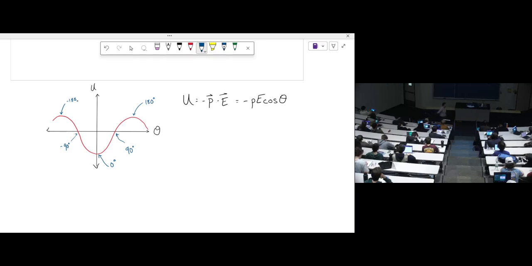And so we can again infer the same type of motion that I was just talking about when I was talking about the torques, when this thing is going to want to oscillate back and forth.